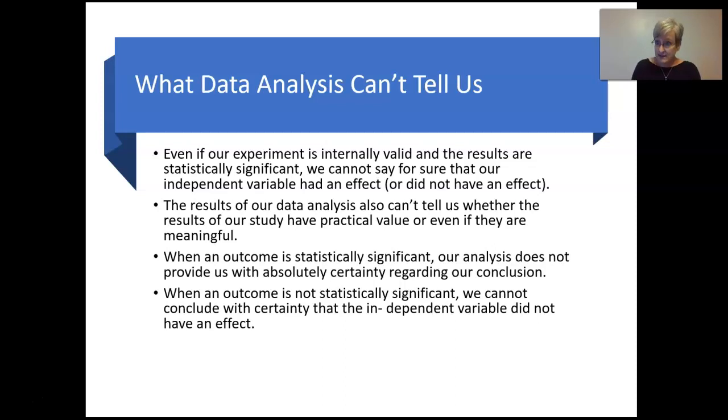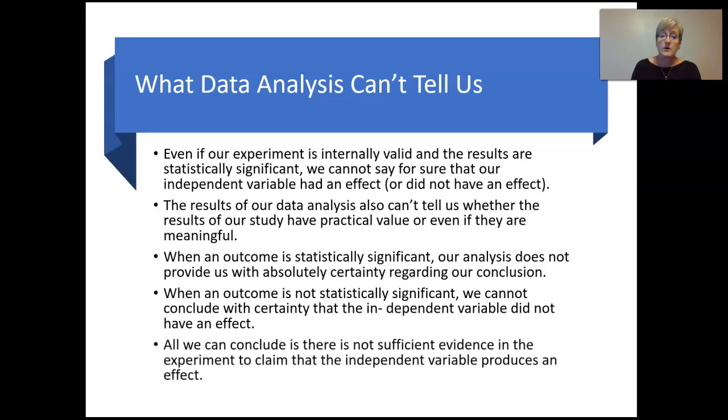You have to, again, use your big researcher brain to make appropriate interpretations, whether you have a significant or non-significant result. All you can conclude based on your data analysis, if you have a non-significant result, is that there's not sufficient evidence in your experiment to show that the independent variable can produce an effect.